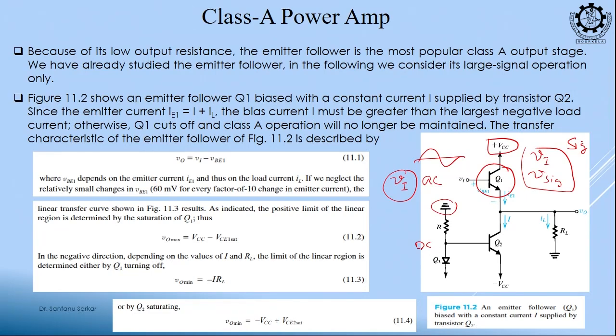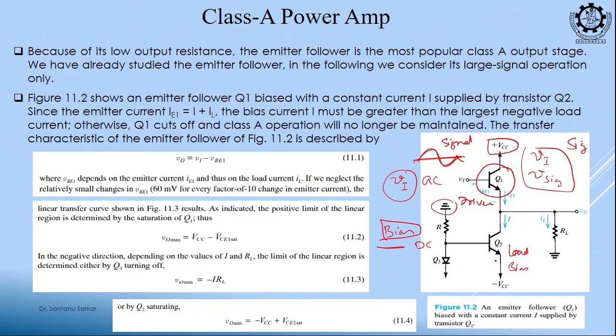So, this potential will be fixed, it will not vary like this potential is varying. This is my signal, but this is my fixed bias. So, this is my driver and this is, you can say, the load transistor or bias transistor, whatever you want to call it.